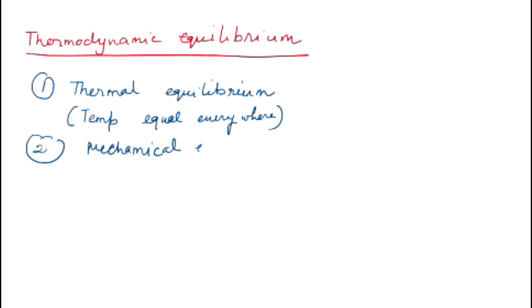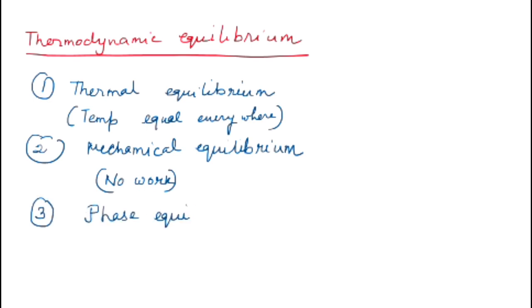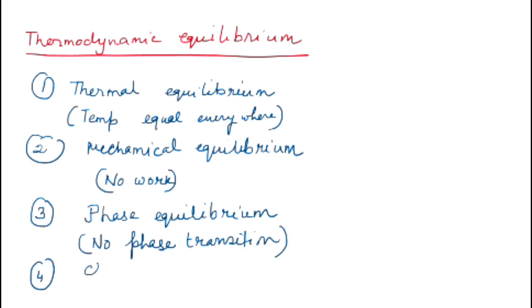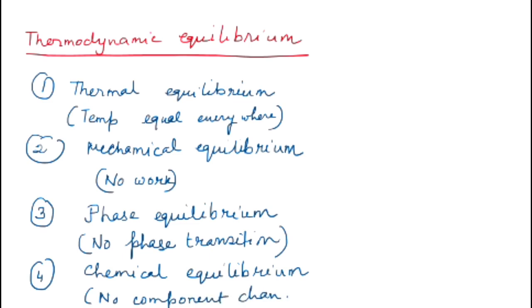The third one is phase equilibrium, which means no phase transition is taking place in the system. And the last one is chemical equilibrium, in which no component change is taking place in the system. So if a system is in thermal, mechanical, phase, as well as chemical equilibrium, then the system is said to be in thermodynamic equilibrium.